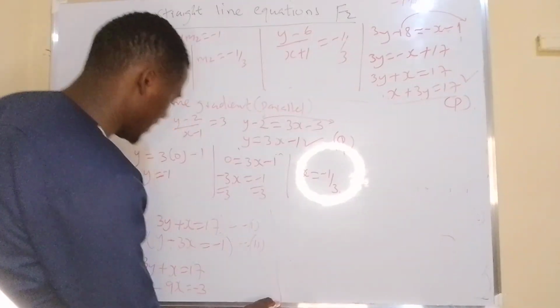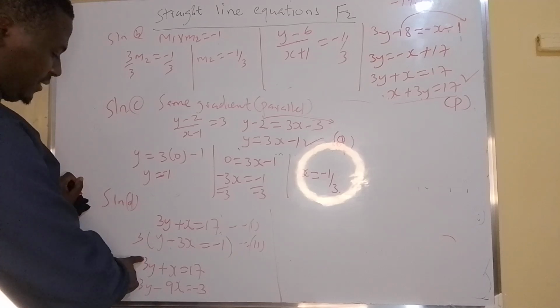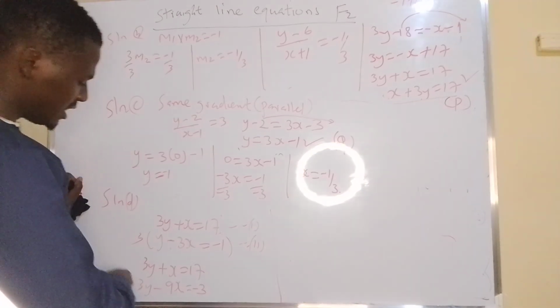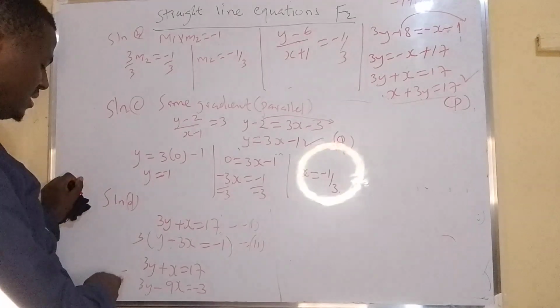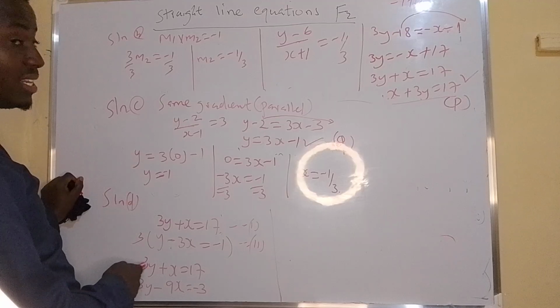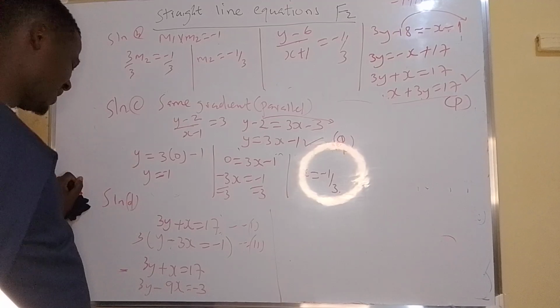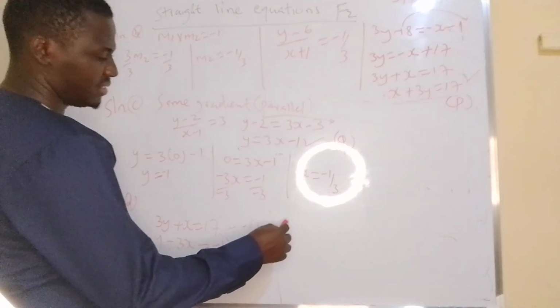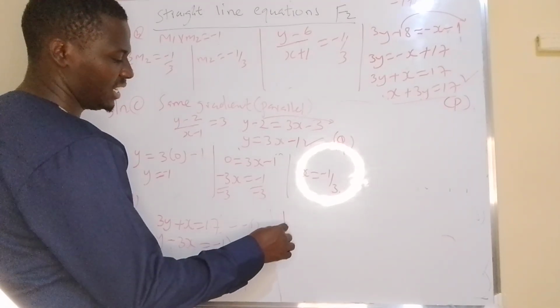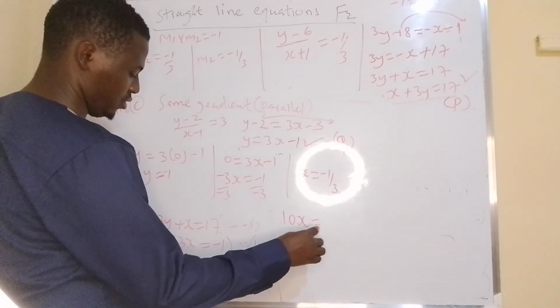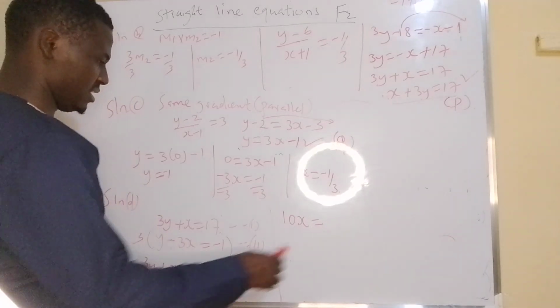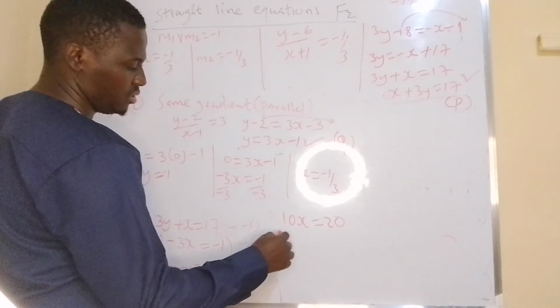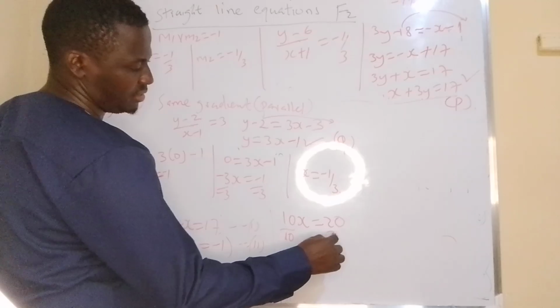Since we need to eliminate y, we subtract: 3y minus 3y is 0, and x minus negative 9x gives 10x, which equals 17 minus negative 3, that is 20. Divide by 10 on both sides.